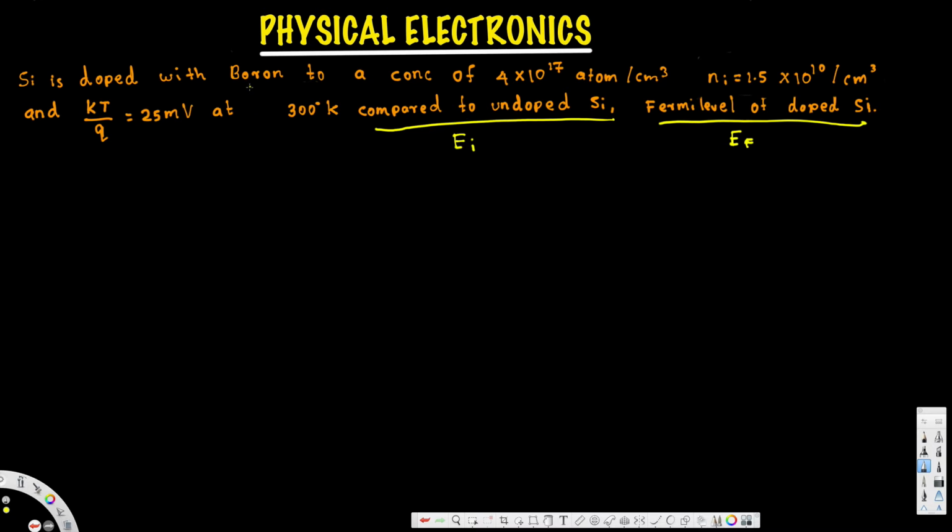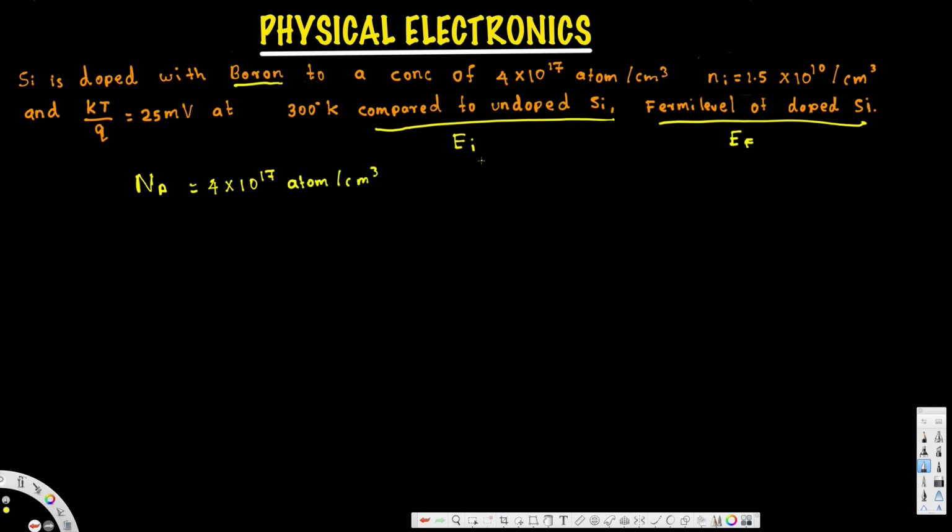Also, in the question they have mentioned this is doped with boron impurity. Boron is a trivalent impurity, so this is going to be an acceptor, and the given concentration is for the acceptor. So we can say Na, the acceptor concentration, is equivalent to 4 times 10 to the power of 17 atoms per centimeter cubed.